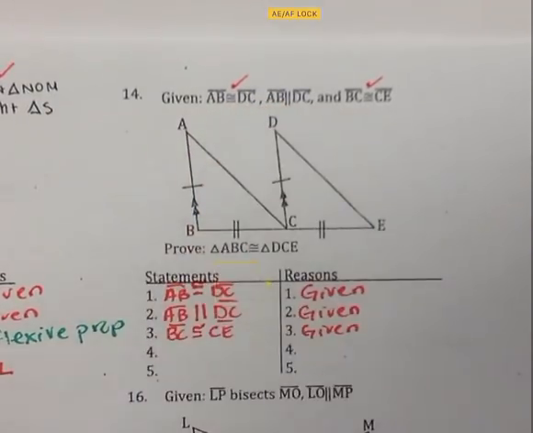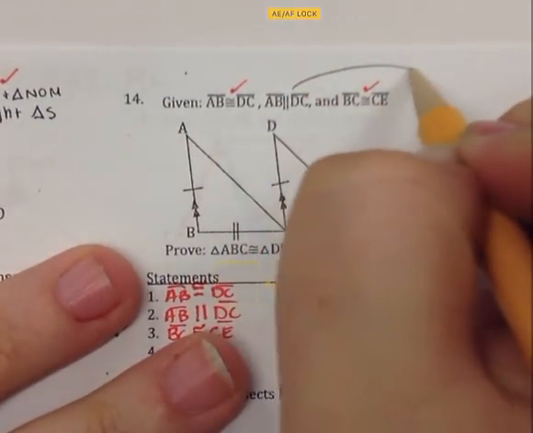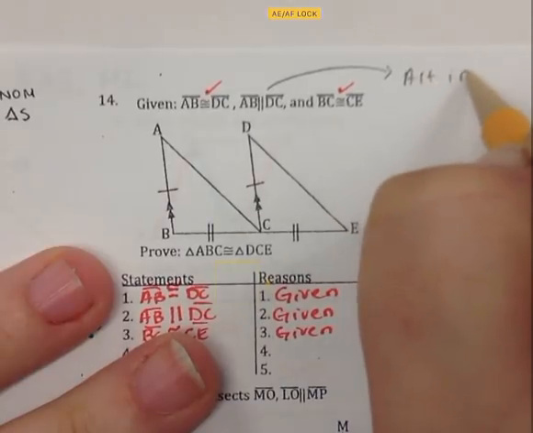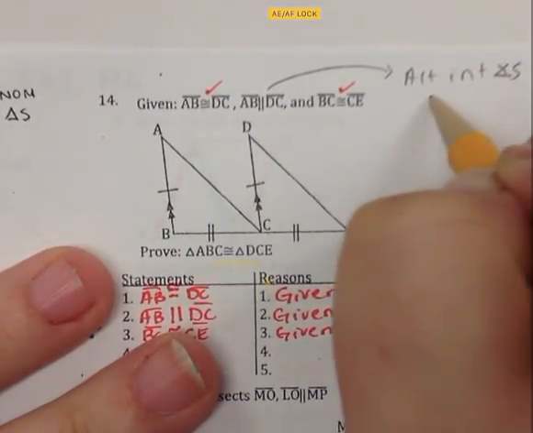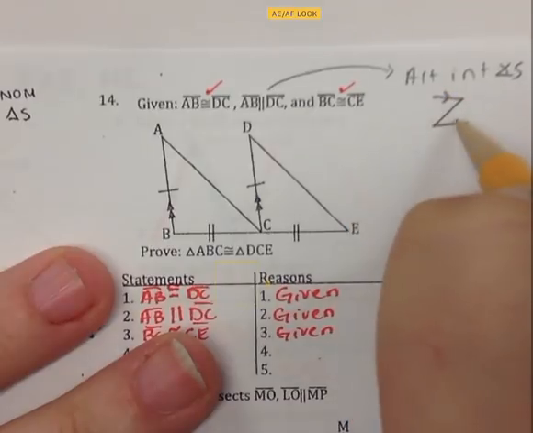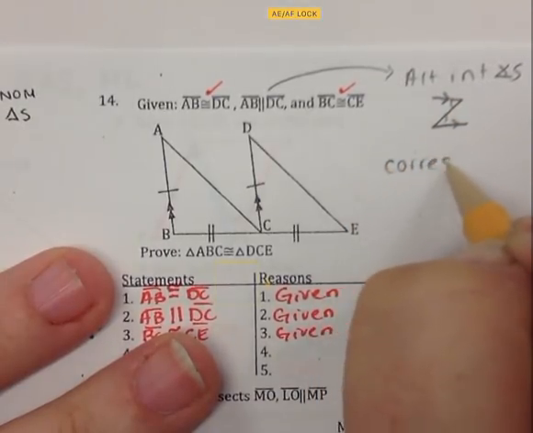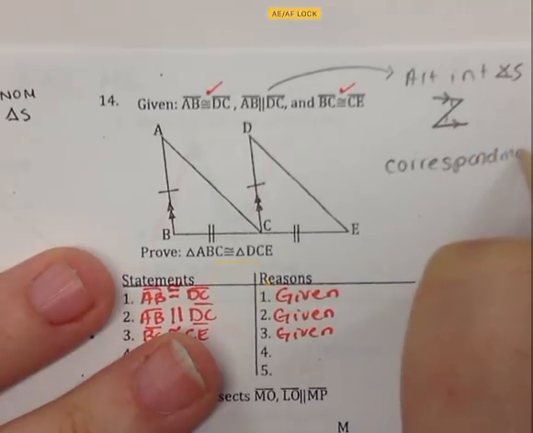So we have to go back to our given, and we have to use the word. It says parallel. Parallel means alternate interior angles, which is the Z with the parallel lines, or we have corresponding angles.